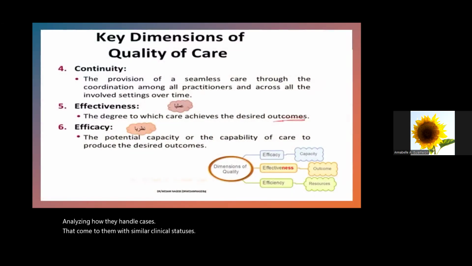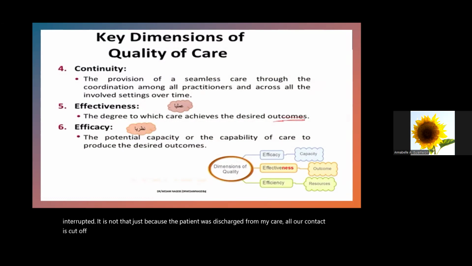Next, continuity. This means that the medical service should be continuous, ongoing, and not interrupted. It is not that just because the patient was discharged from my care, all our contact is cut off.